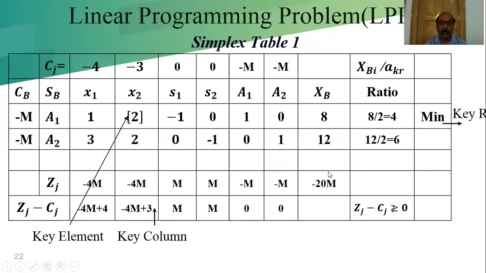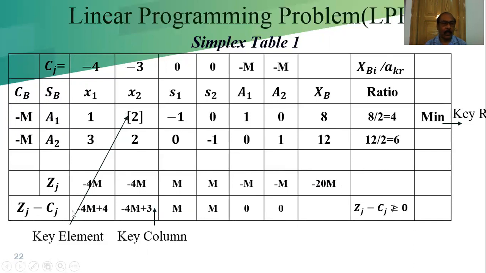And the objective function value is minus 8M minus 12M, that means minus 20M, when a1 equals 8 and a2 equals 12.